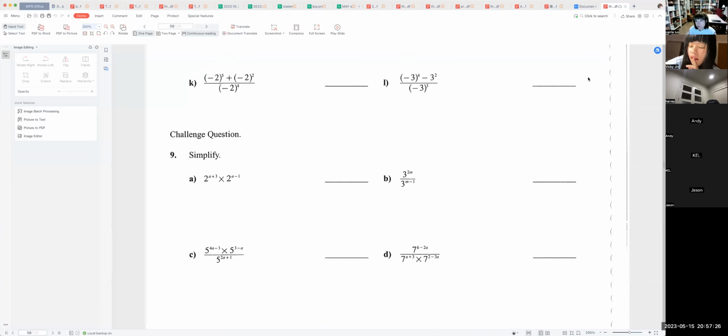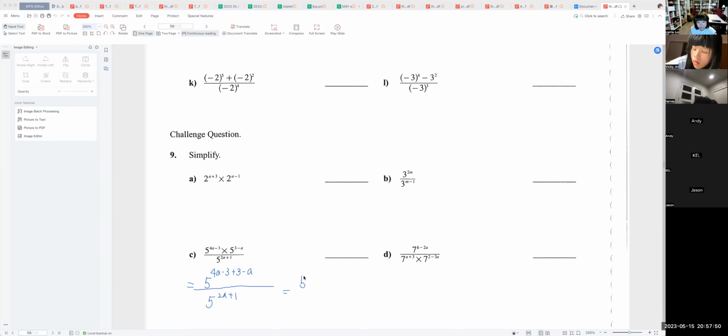Okay, let's see how this is done. So 5 to the power 4a minus 1 plus 3 minus a, divided by 5 to the power 2a plus 1. So equals what?